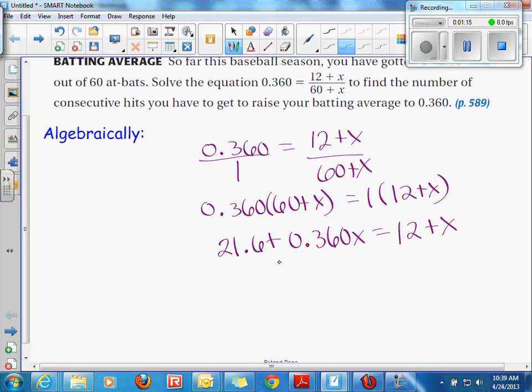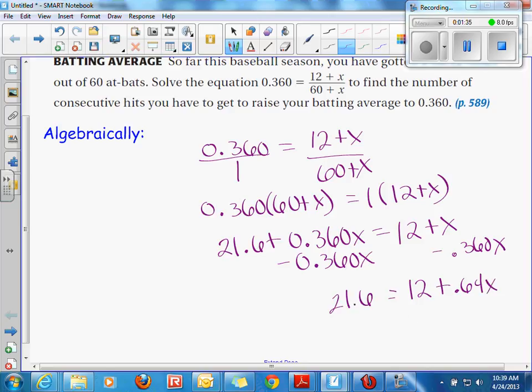So to solve this, I'm going to subtract this to get my x's together. And that on the right side will give me 12 plus 0.64x. And on the left side, 21.6. Then I'll subtract 12 to get my constants on the same side.